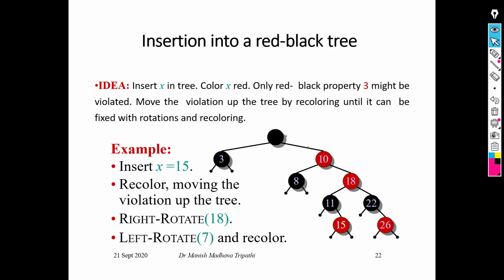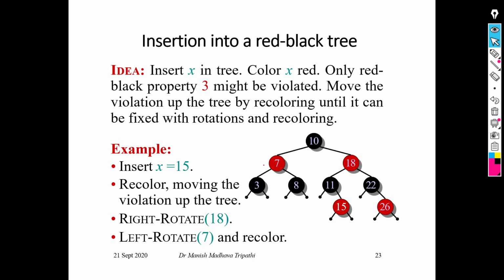If we left rotate with respect to the parent of 10, that means 7, the 7 will come on this side, 10 will come at the parent position. We again recolor 10 with black color and 7 with red color. So the situation will now become 7 as red color and 10 as black color.